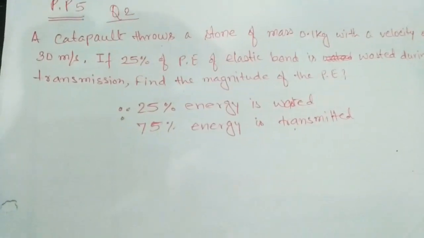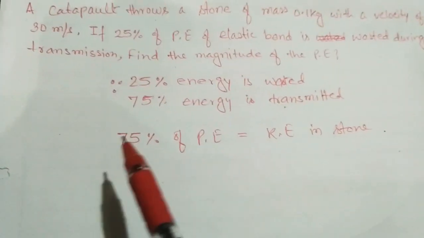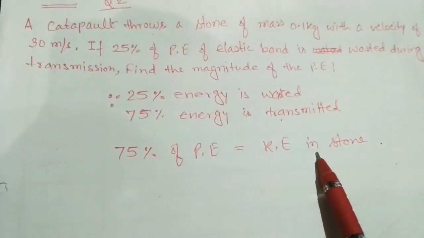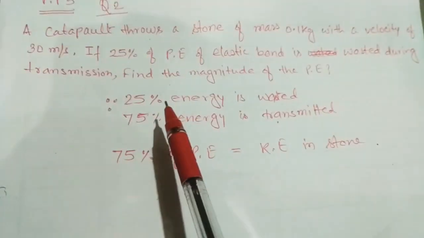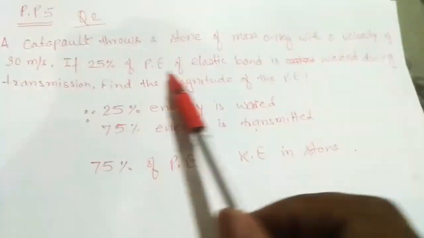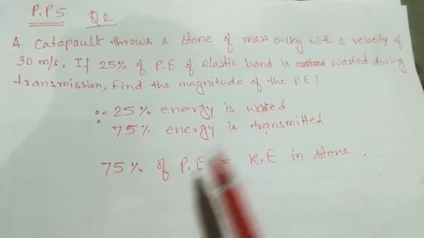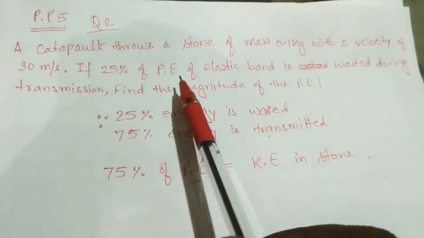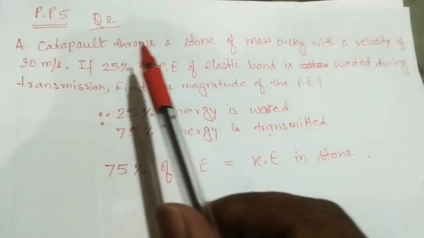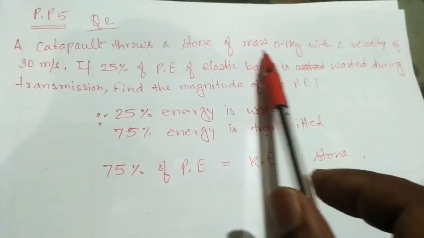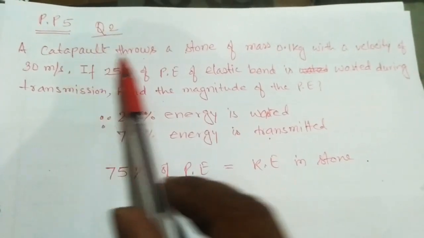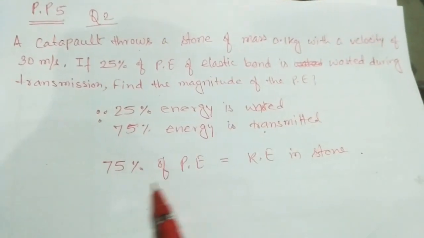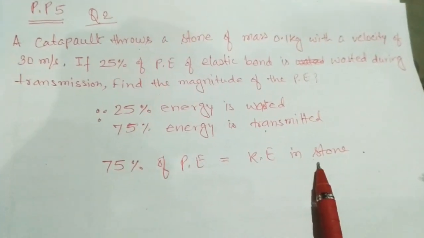So we can write here, 75% of potential energy is equal to kinetic energy in stone. 25% is wasted, and the remaining 75% of potential energy is transmitted to the stone through the catapult.